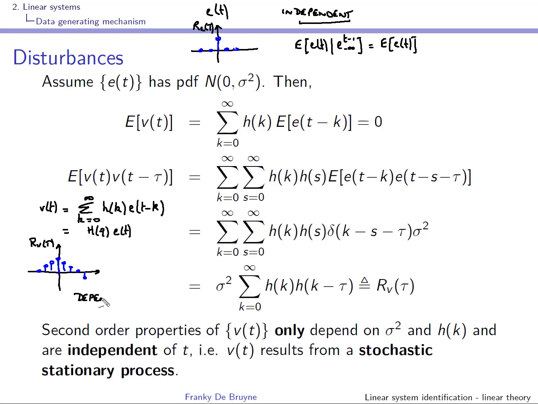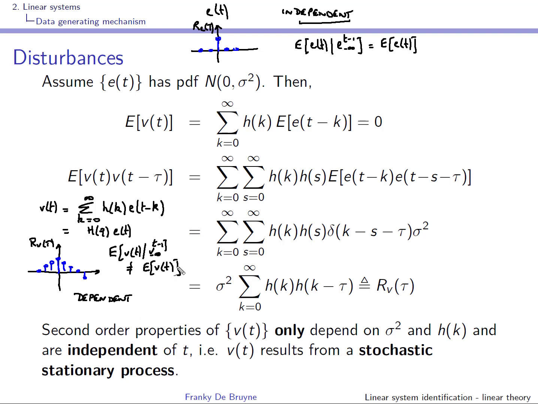And the dependence comes from the fact that v(t) is white noise that goes through a transfer function. And what we'll have now is that the expected value of v(t), knowing the past values of v from minus infinity to t minus 1, is different than the expected value of v(t).